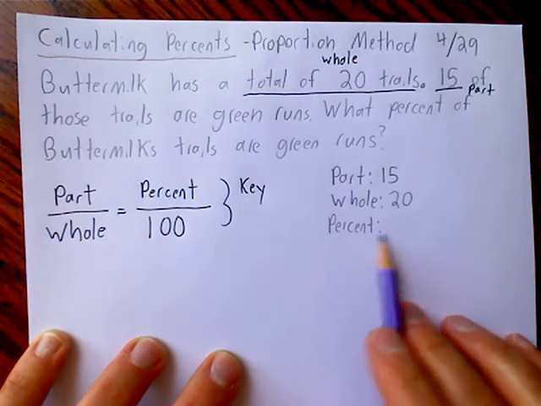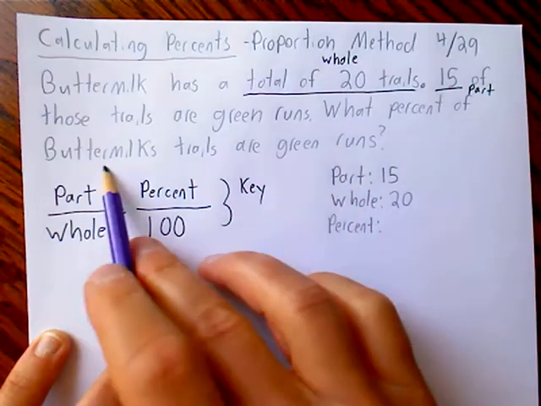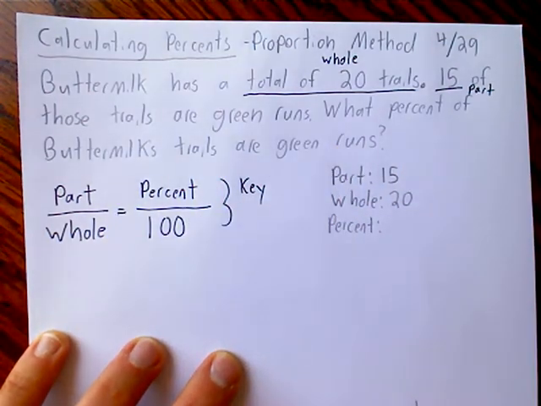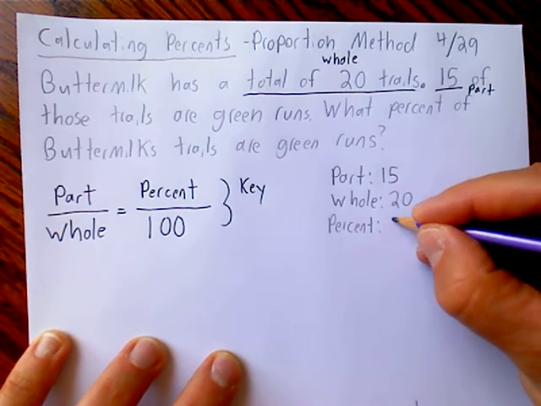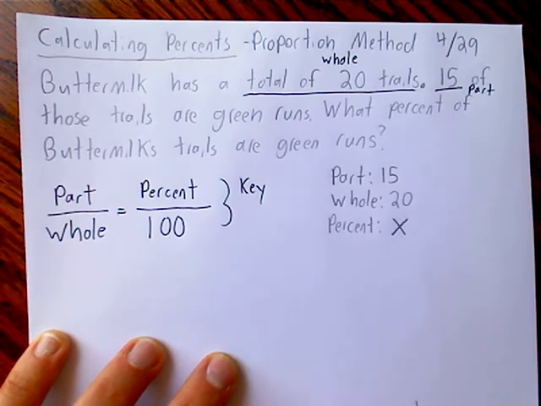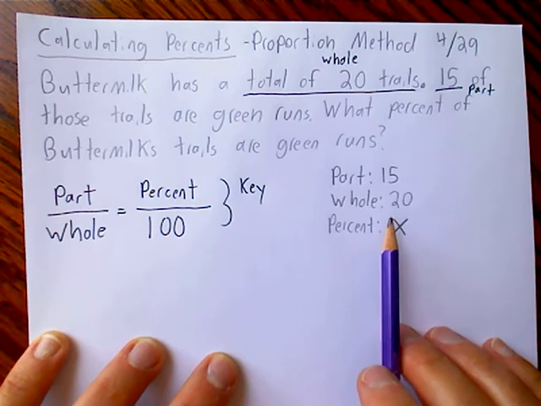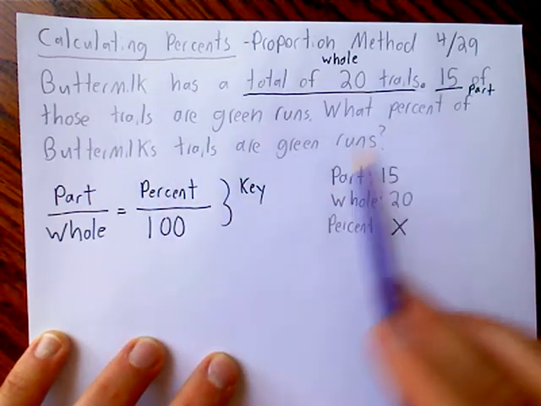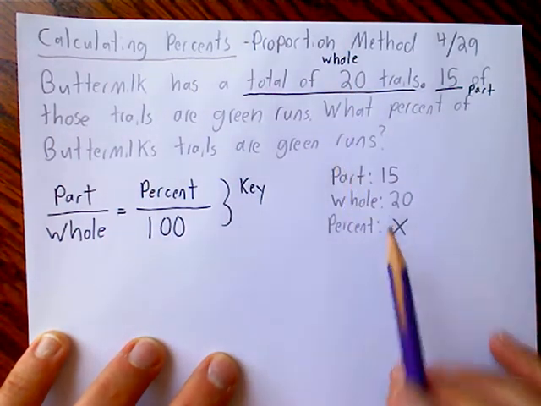And my percent, do we know our percent? No. What percent of buttermilk's trails are green runs? So we don't know that. So as always, if we don't know something, that's an unknown, and that's a variable that we need to solve for. So that is going to be x. Part is 15, whole is 20, percent is x. I got that all from our example problem here.